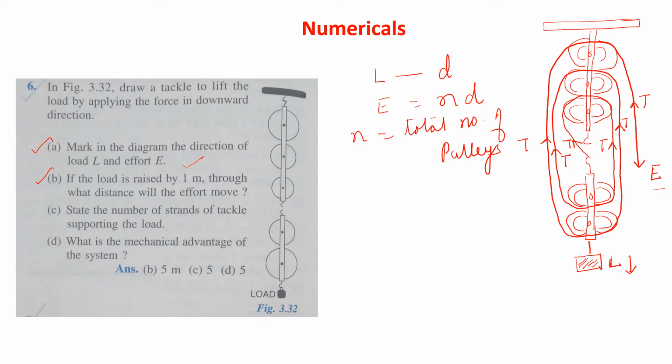Okay, this already we have seen. If load moves through a distance D, then effort moves through a distance ND.